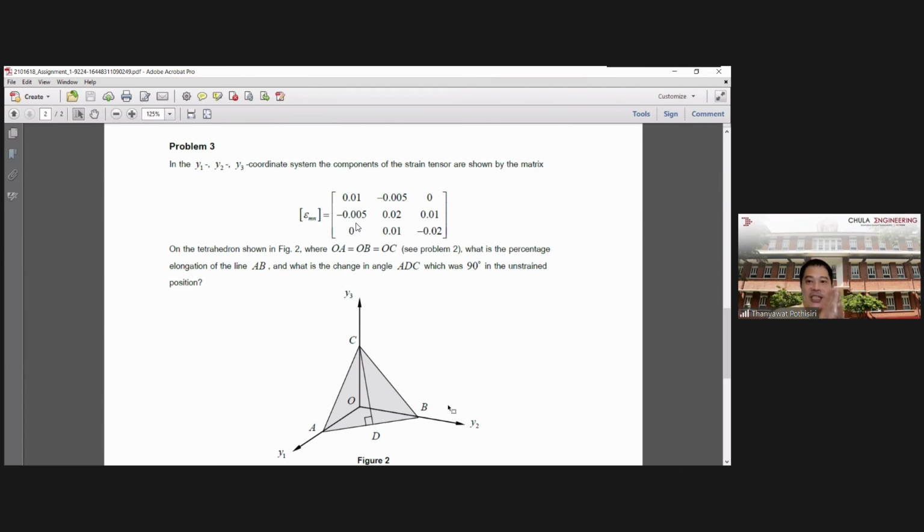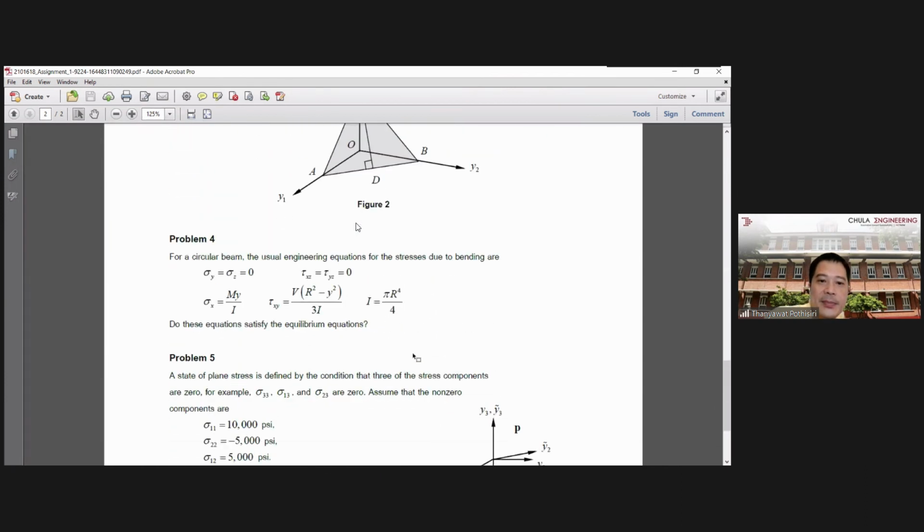The percentage of elongation of line AB corresponds with the strain in that direction. That means you must be able to compute strain in this direction. So you have to relate the concept of how you can describe strain in different coordinate systems and use that concept to solve this problem.